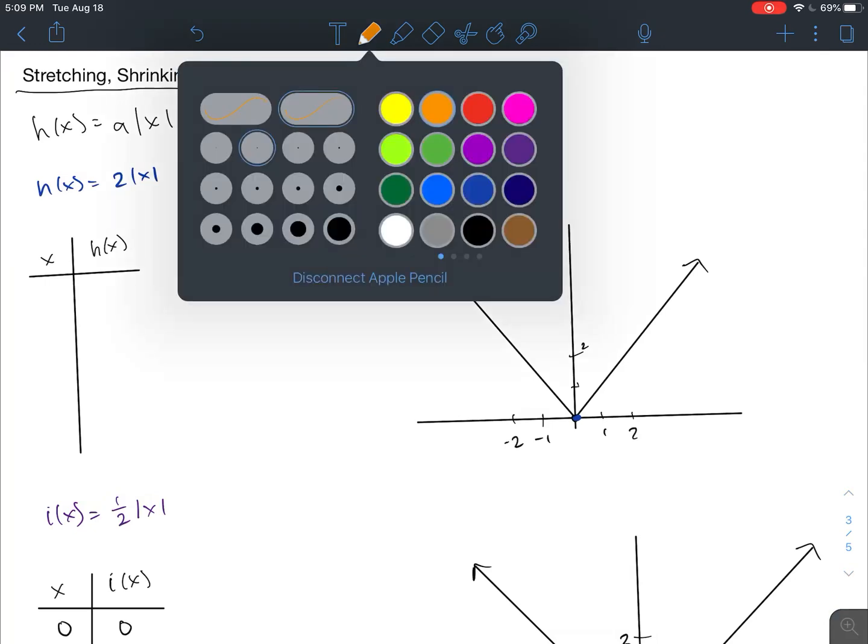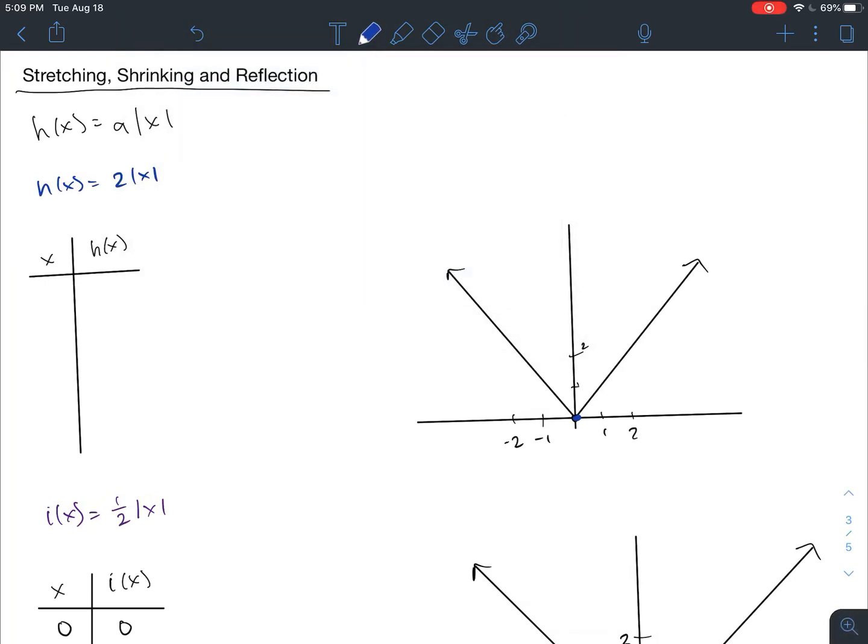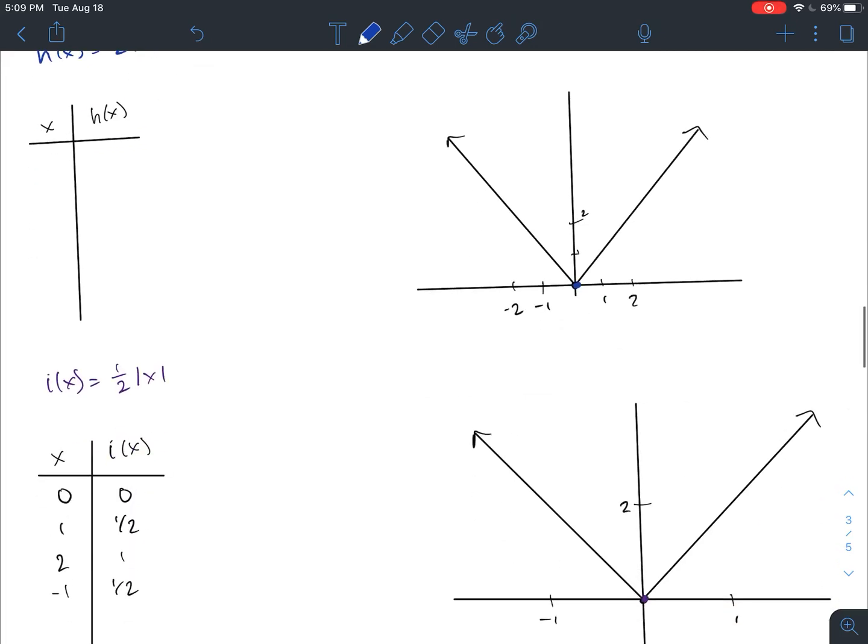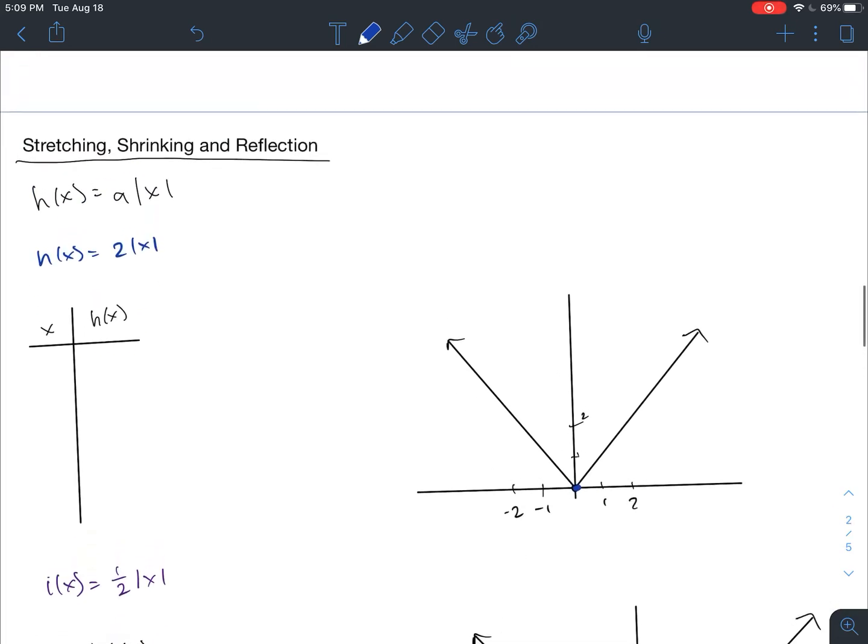Okay. Now we're going to talk about shrinks and reflections. So to kind of speed this up and not take too much time, let's go ahead and graph just a couple of these points. So let's say we plug in a negative 2 into our equation.